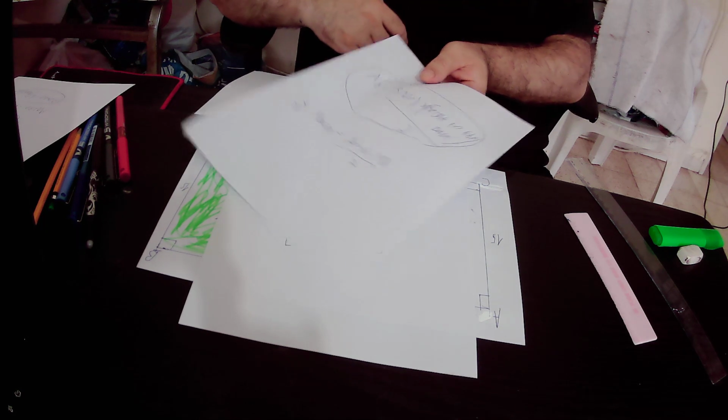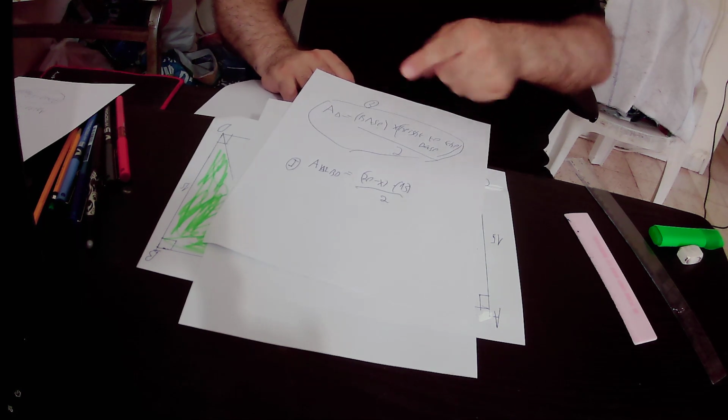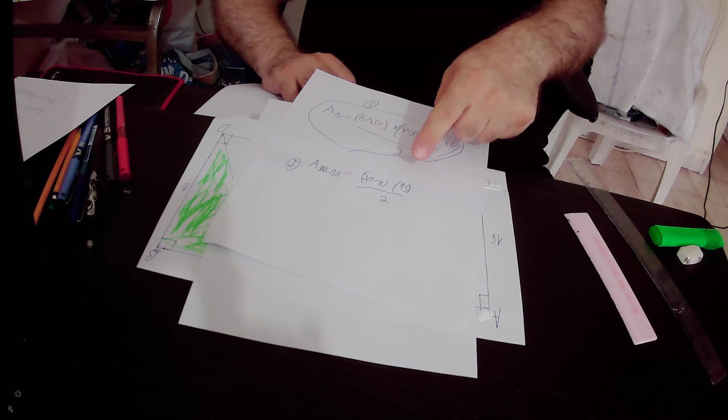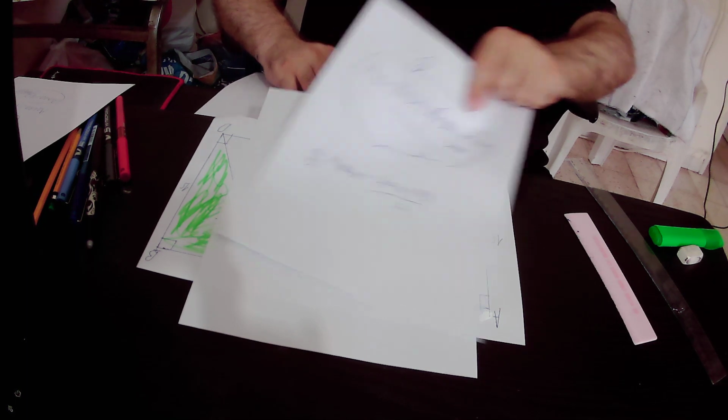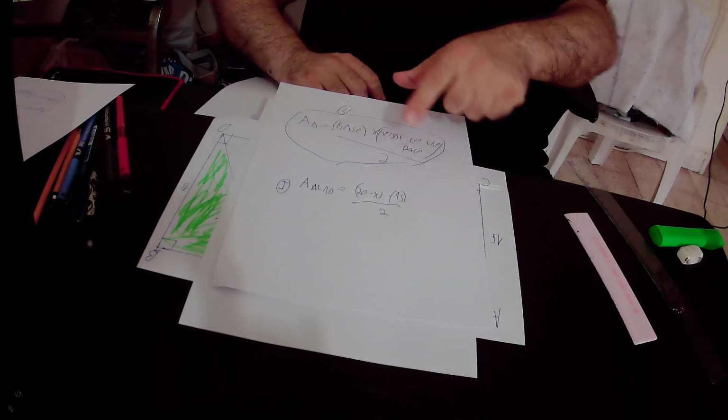So the area of the right triangle equals the base of the triangle, that is 20 minus x, times the height, that is 15, over 2.